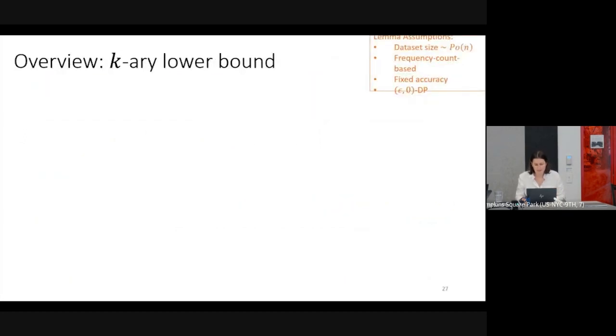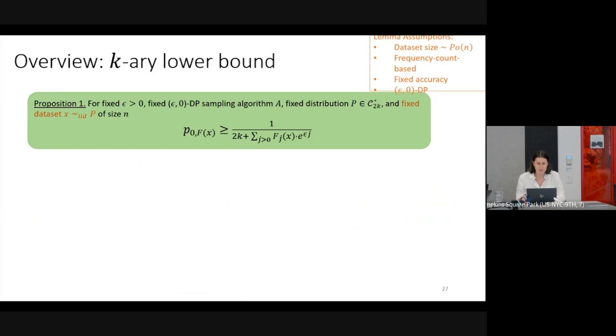All right, so let me show you how we're going to prove this lower bound, or the steps to getting there, and then we'll start actually diving into it. So we're first going to prove that for a fixed data set, sampled from some fixed distribution in our hard class of distributions, the probability of returning an item with 0 count is lower bounded by this quantity that depends on the counts of the other items and epsilon.